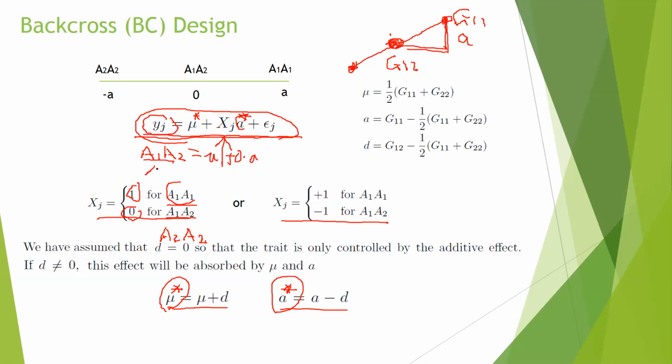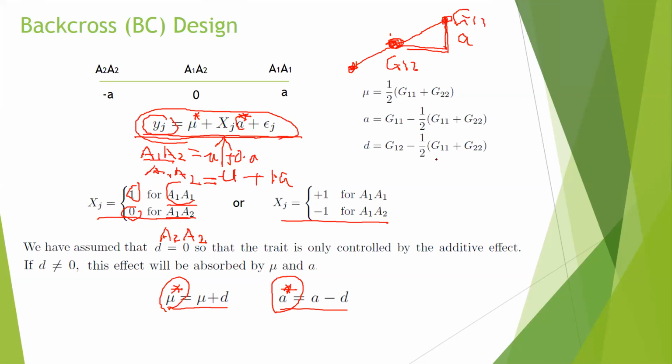If we look at the genotype for A1 and A1, it is equal to mu plus A. How can we deal with this X? We put a 1 here times A. So this is how we define the random variable to facilitate using the linear regression model to describe the relationship between the genotypes and the phenotype. Is that clear? Okay, got it. Very good.